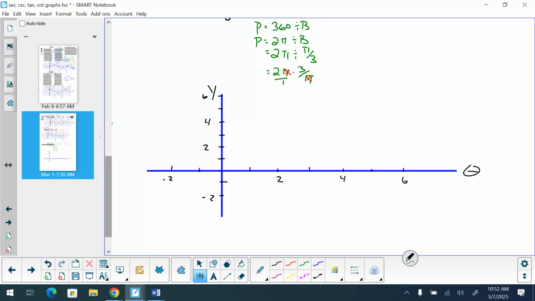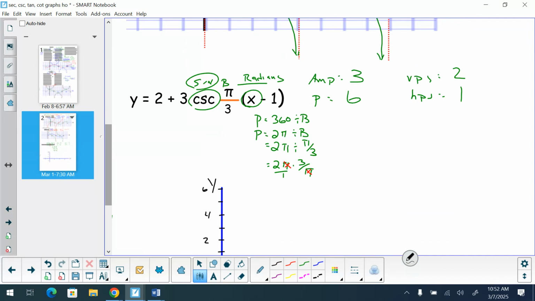Drawing your prime axis. Our Q's are not going to change. Drawing our prime axis.